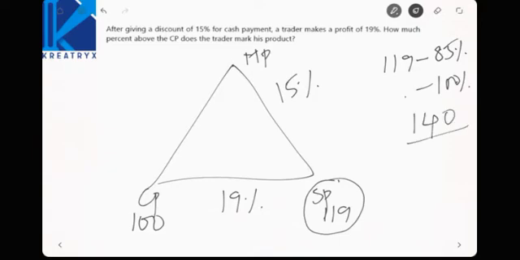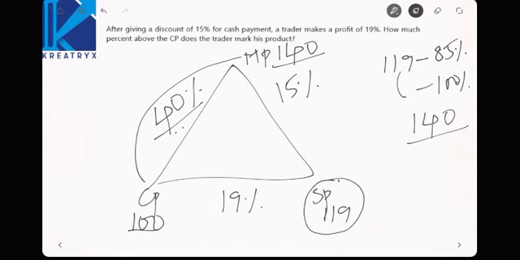Am I right? Calculate it very easily. So market price will be 140. Now how much is the price increased to market price? CP is 100, market price is 140. Now 40% is hiked. That is your answer, right?